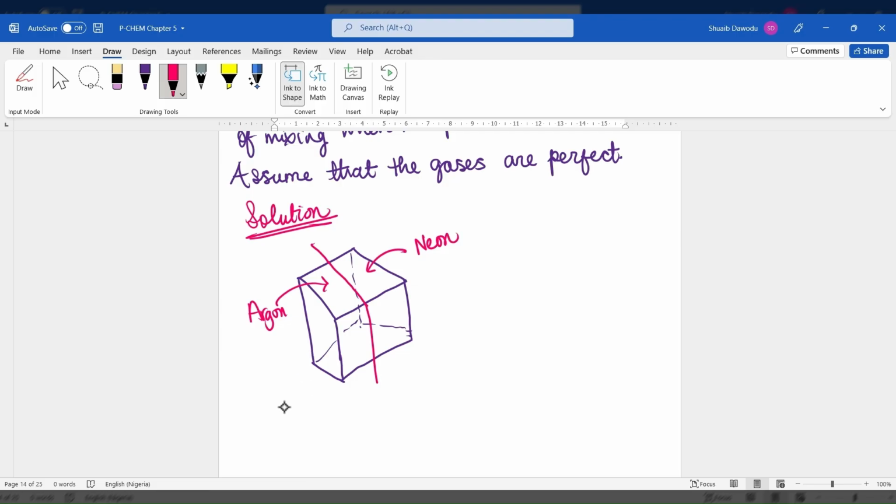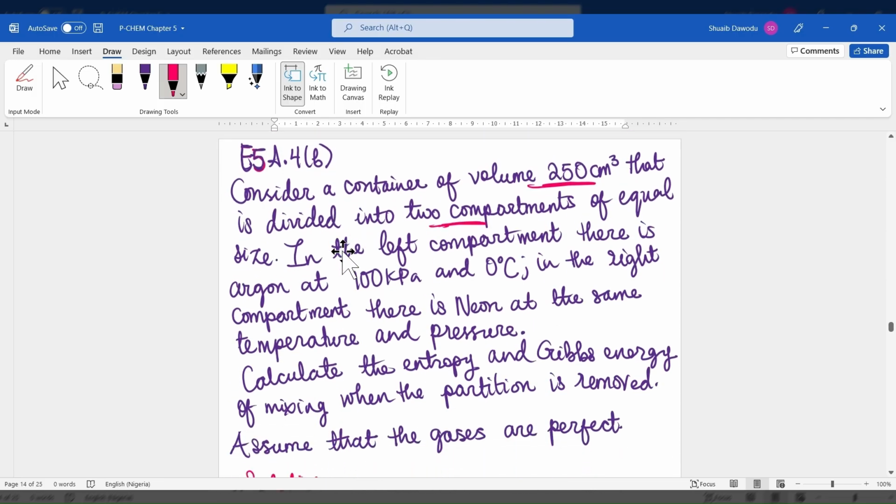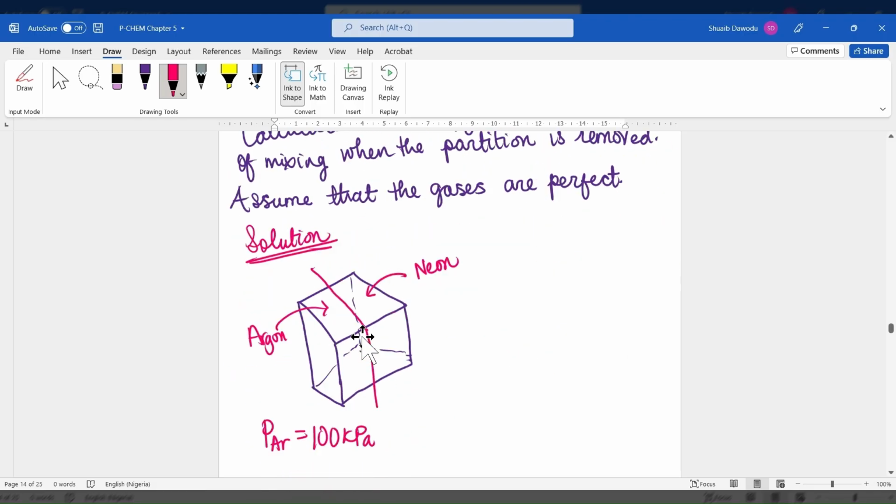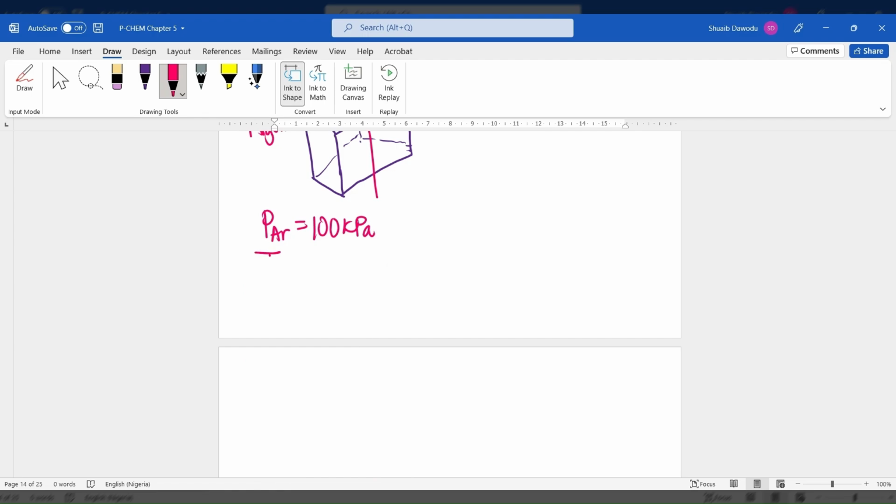And we're told that the pressure of argon is going to be 100 kilopascal, and the temperature of argon is simply 0 degrees Celsius.